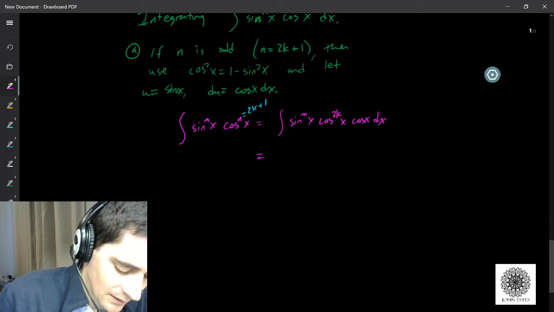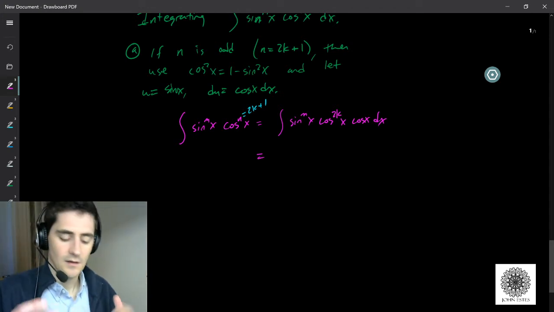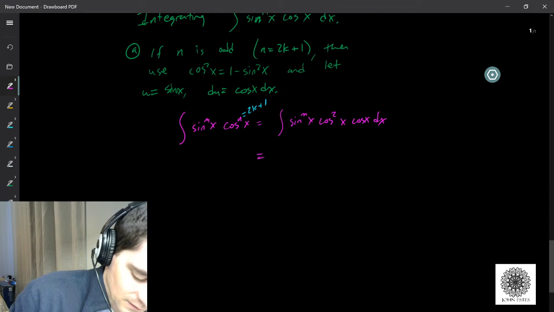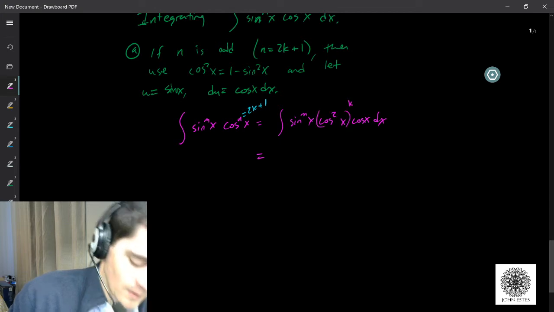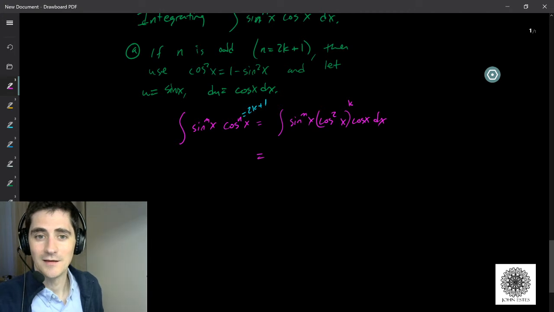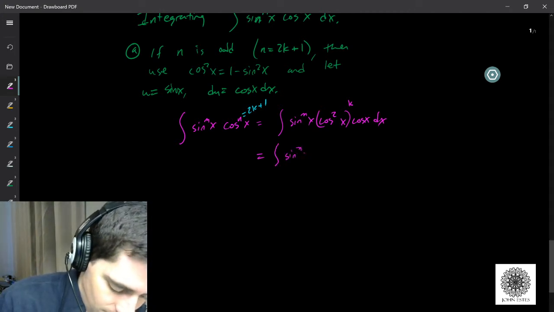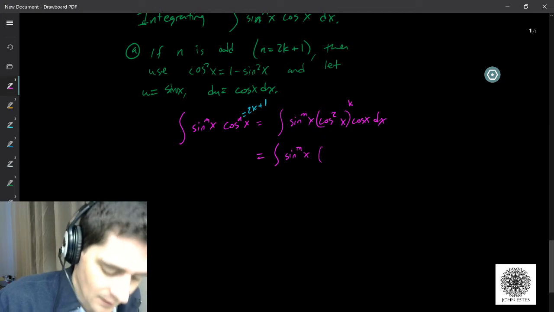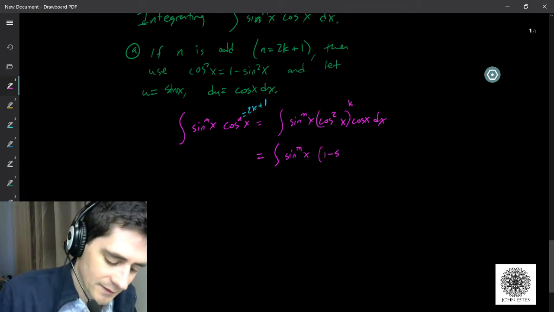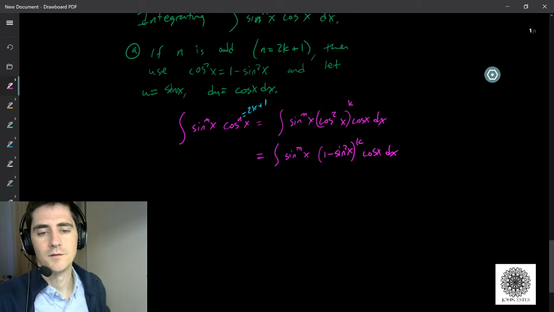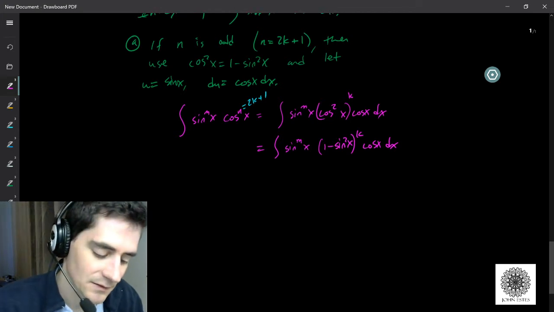And now I can replace the cosine squared, because cosine squared to the k power is the same thing. So in the middle of sine mx, cosine squared is the same as 1 minus sine squared to the k power, cosine x dx. And there's where I have my u substitution. Does that make sense?